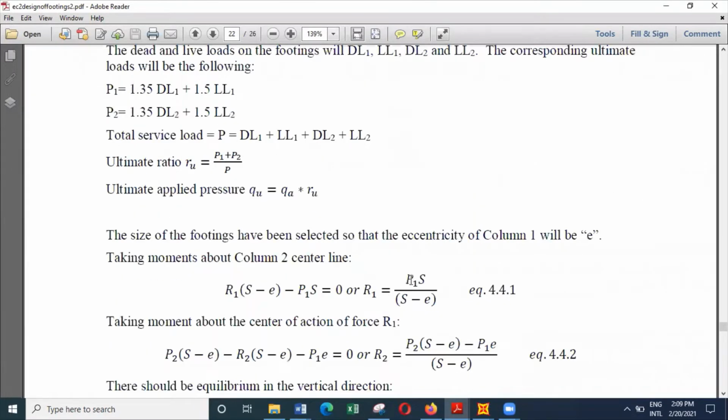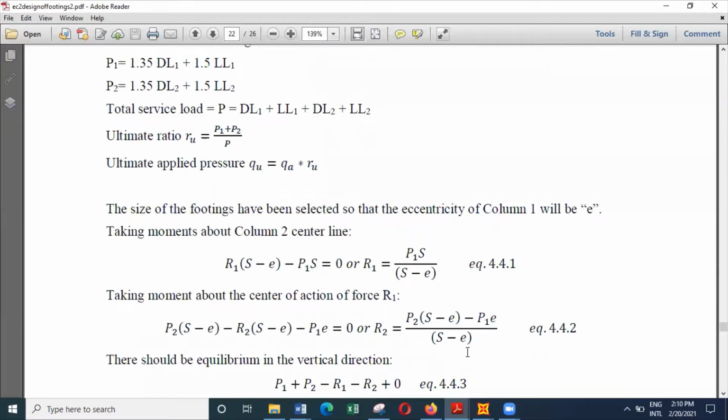So R1 is equal to, we know the value of P, we know the distance, we know the eccentricity can be found. Similarly, R2 also can be found when P1 and P2 both are known, S and E are also known. So which means we can find R1 and R2. And when you consider the equilibrium of the whole system, P1 plus P2 should be equal to R1 plus R2.